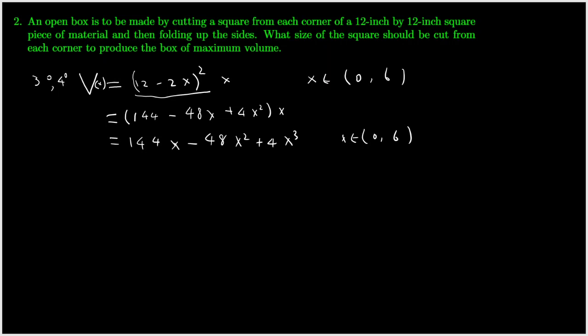Now in step A, we differentiate the function. So keep in mind we're using v to denote the function, so do not always use f of x. So this time we differentiate the function v of x. So the derivative is simple, right? So we have 144 minus 96x, and then plus 12x squared.